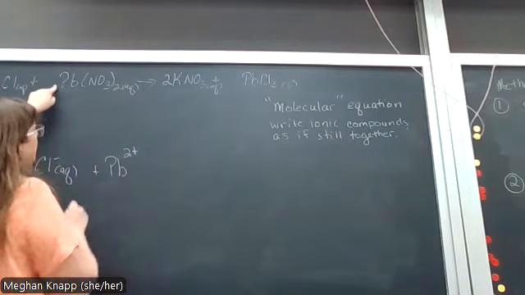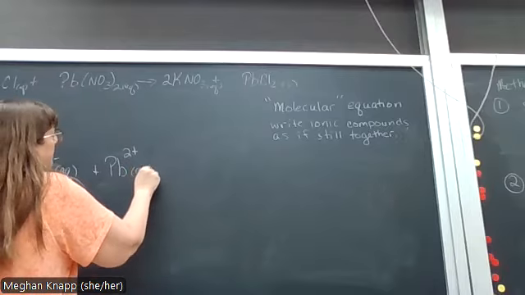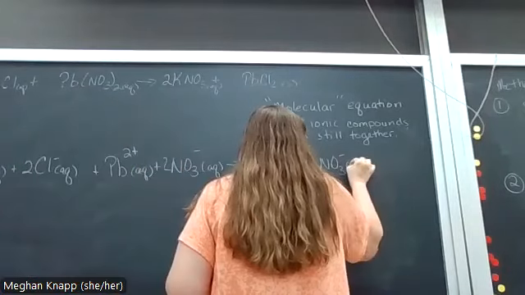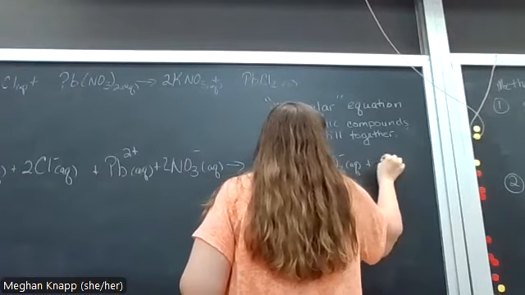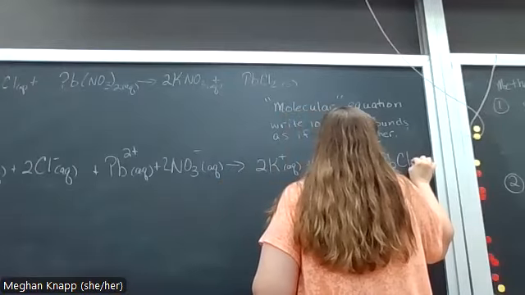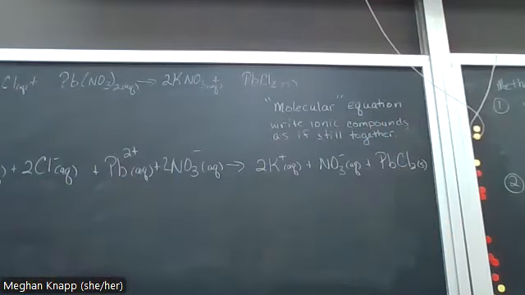I can tell this is lead 2+ because I've got 2 nitrates. But when I get to the solid, it stays together. Okay, that's not dissolved, so it's just going to sink down to the bottom.